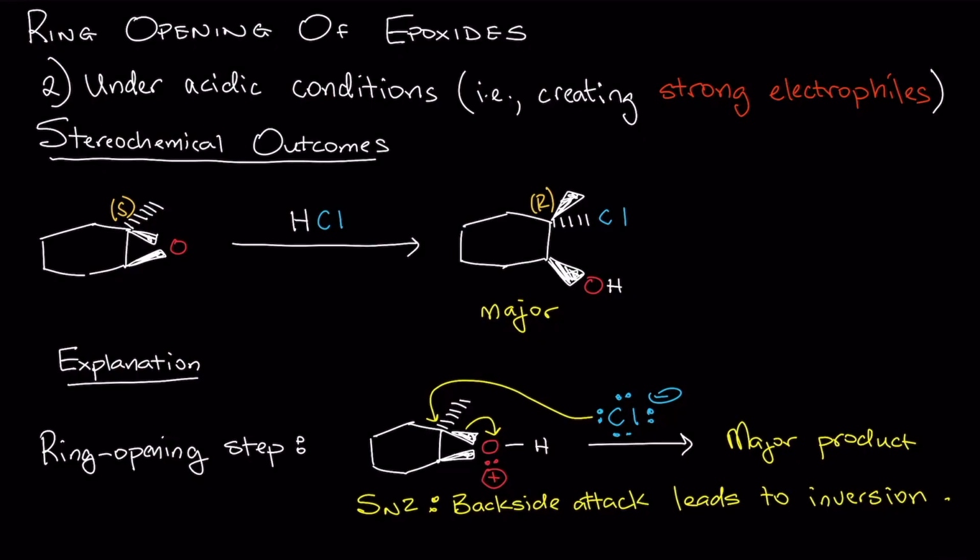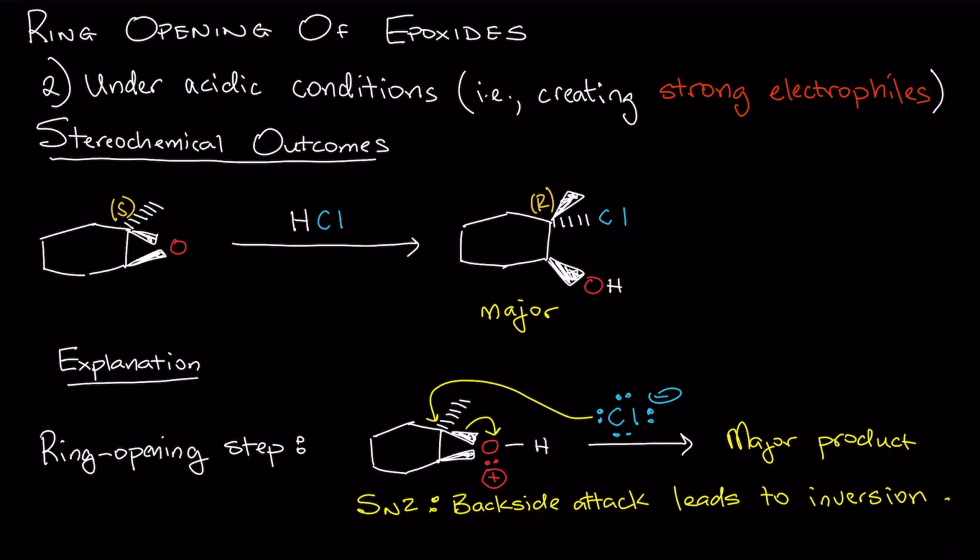And so after you have formed the activated epoxide, treating that epoxide with HCl, now your nucleophile is going to attack the more substituted side of that epoxide, as we have seen in this particular scene.